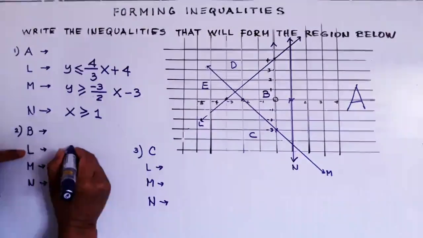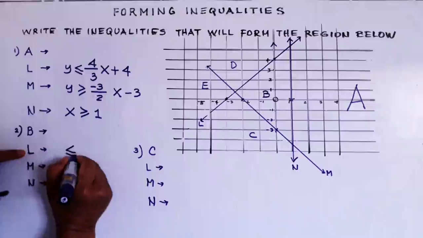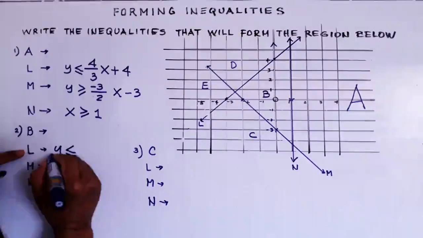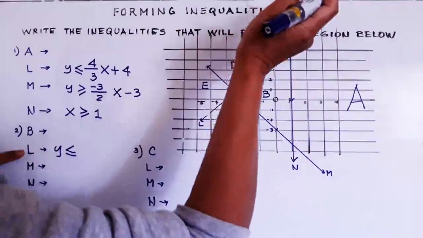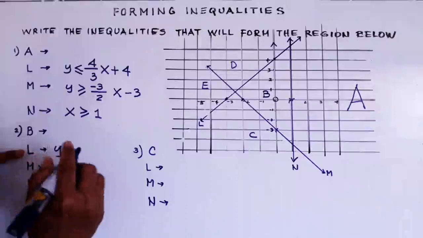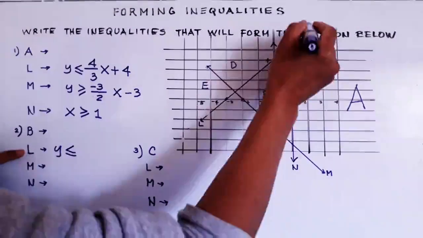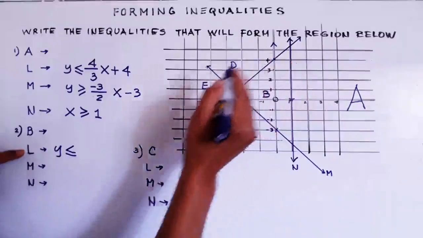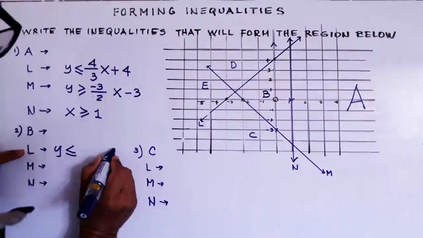Therefore, we know that this one is like this, less than. Then we put the y here now because that one is slanting. Okay, we find the intercept of this line on the y-axis. It's on the 4 here. It's 4 positive. So a positive.